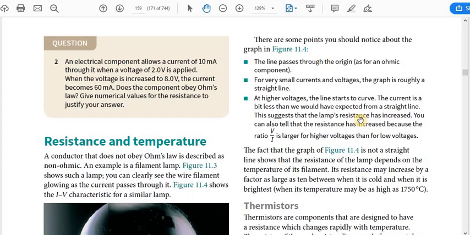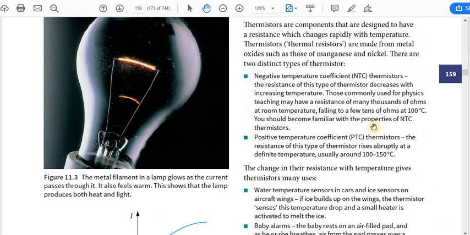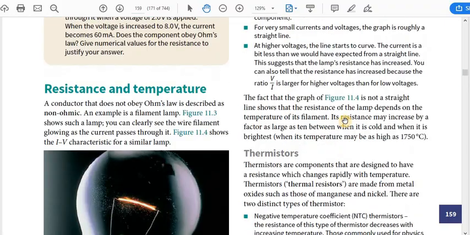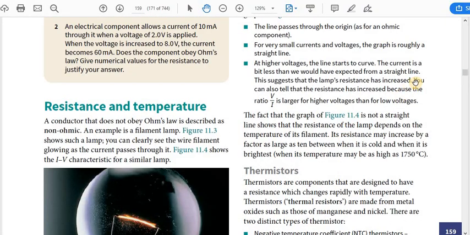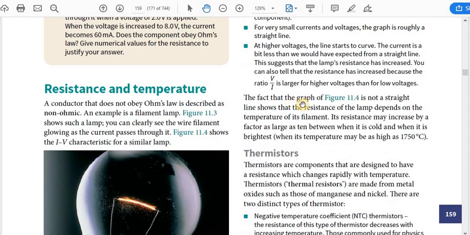This suggests that the lamp's resistance has increased. I told you how the resistance depends on the shape of the graph. You can also tell that the resistance has increased because the ratio V versus I is larger for higher voltages than for low voltages. In fact, the graph is not a straight line.